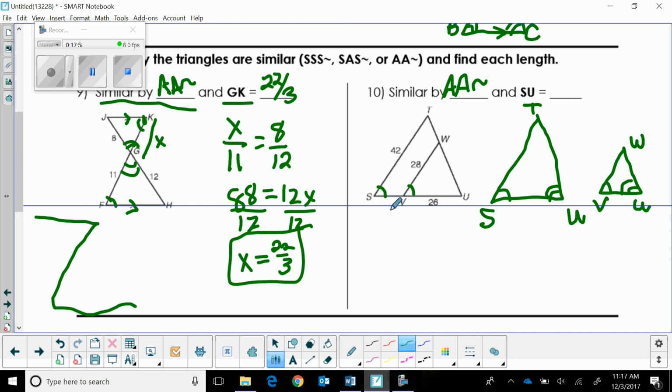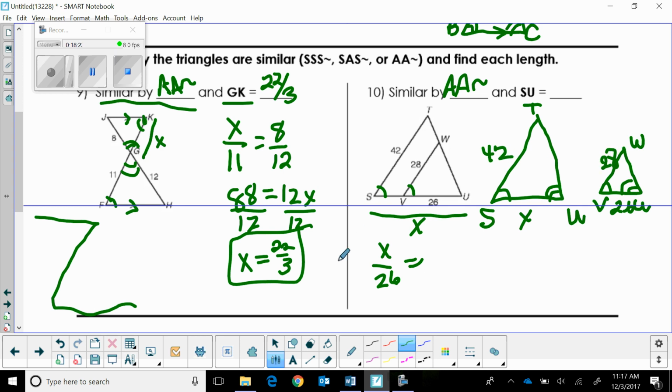Now we can find SU. That is this distance right here. We'll call that X. So X is to 26. So this time I'm doing my big triangle on top and my small triangle on bottom. So that's X, and that's 26. And then this is 42. And this is 28.